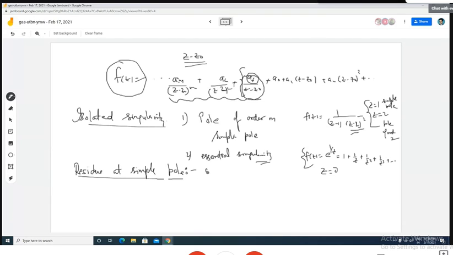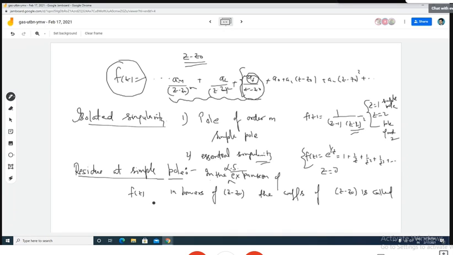So in the expansion, or you can write Laurent series expansion of f(z) in powers of z minus z0, the coefficient of 1 upon z minus z0 is called the residue of the function f(z) at z is equal to z0, right?